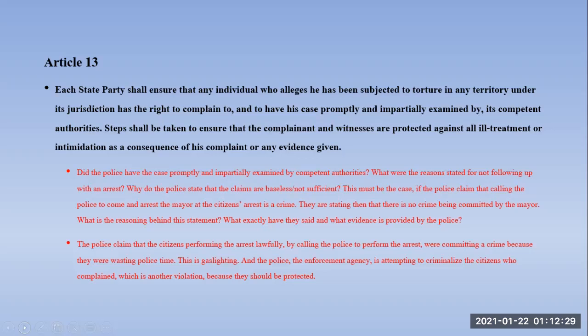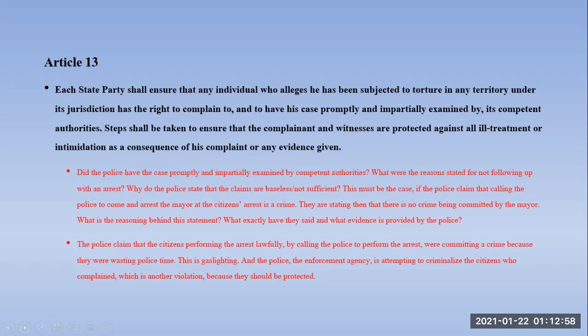Now, did the police who were presented with evidence for the reckless endangerment and criminal negligence for children in parts of Ontario have the cases promptly and impartially examined by competent and impartial authorities?